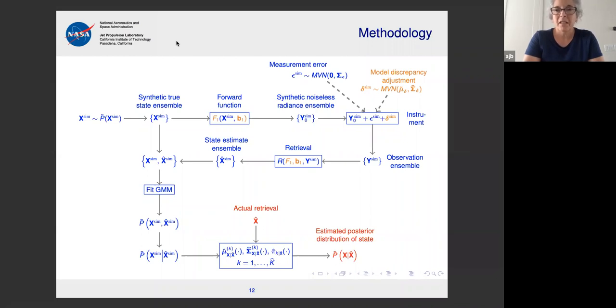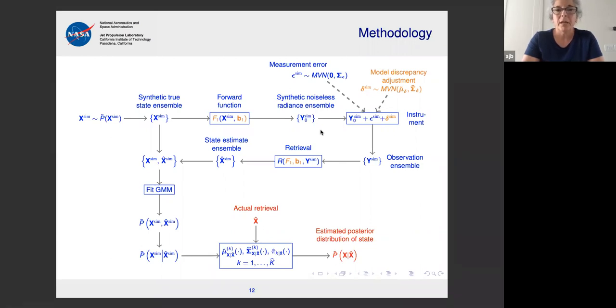We're also going to add something called a model discrepancy adjustment to account for the fact that we're using the same F1-B1 combination to generate these synthetic radiances as we are going to use in the retrieval part of the simulation experiment, because we only have that one.